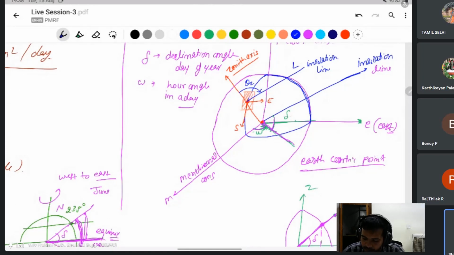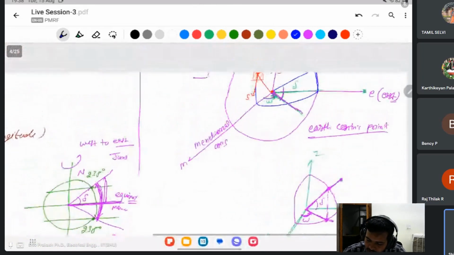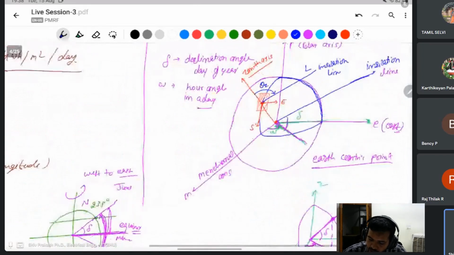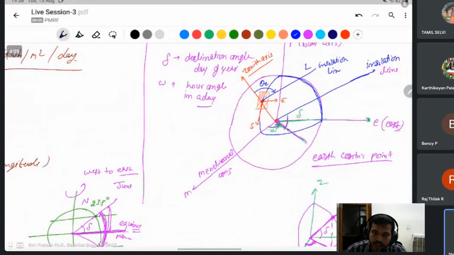It will be different because the sun rises in the east and sets in the west. At that time theta z will vary from 0 to 90 degrees and 0 to minus 90 degrees. The maximum is 90 degrees.